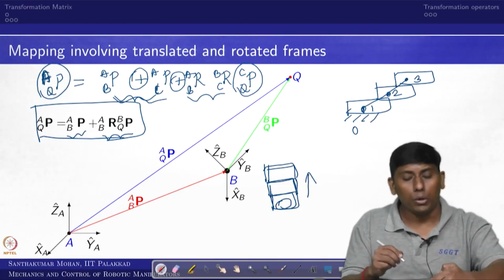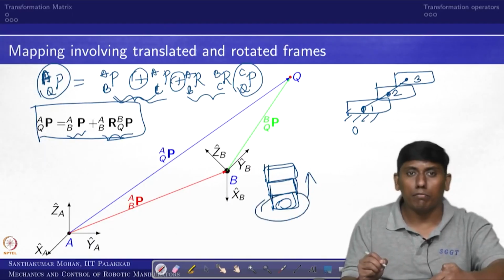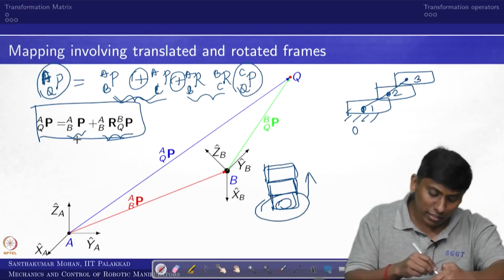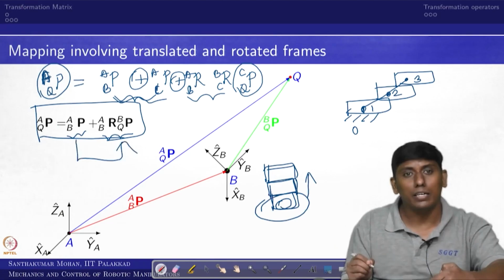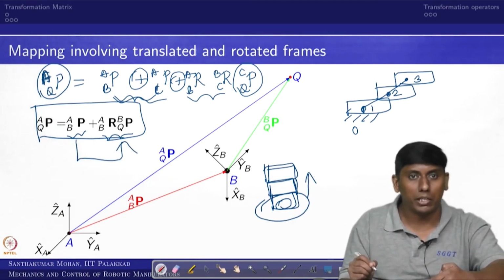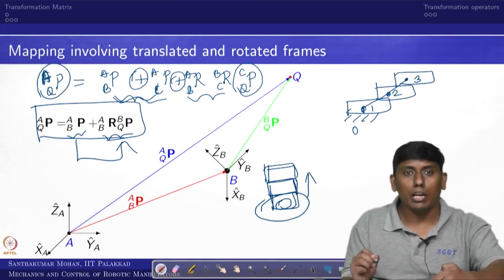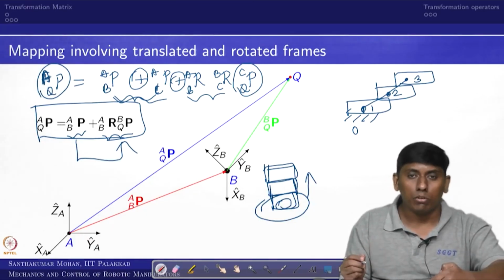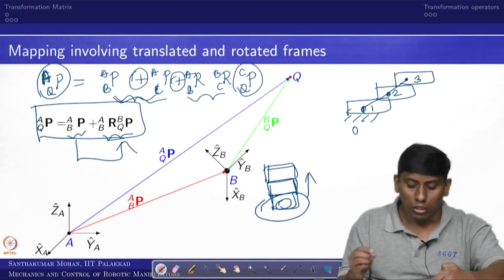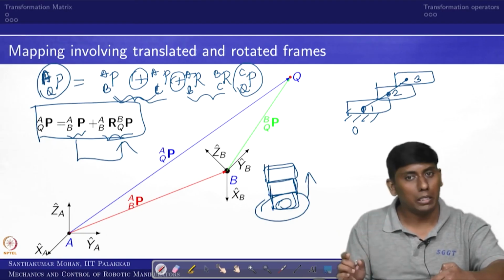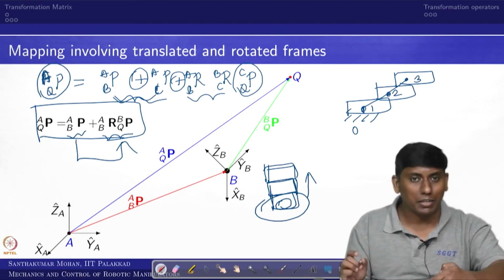In order to do this, you can see that the operation is heterogeneous: one is addition, the other is multiplication. So now you have to make a homogeneous operation. What we are trying to do is a simple multiplication.